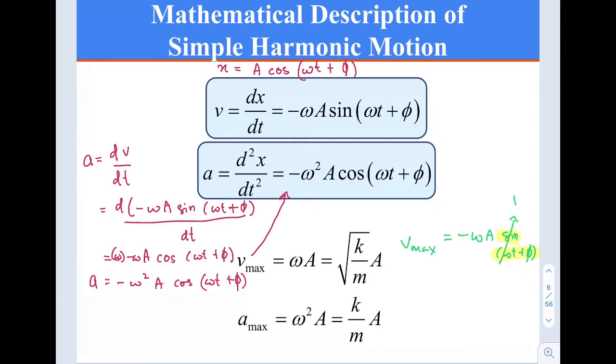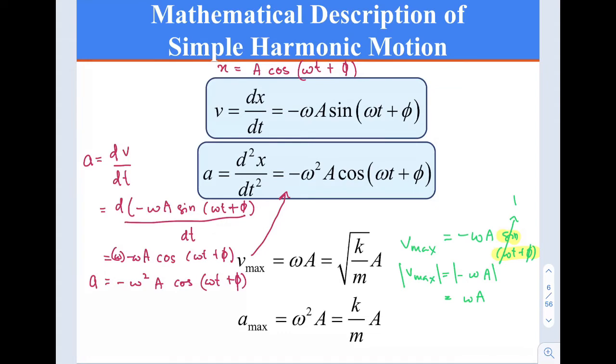That is why the formula becomes negative omega A. But if you are talking about speed only, the magnitude of v max, then you don't have to consider the negative sign. You will get omega A. But if the question asks for velocity maximum, don't forget the negative sign. It has meaning: the direction of the motion.